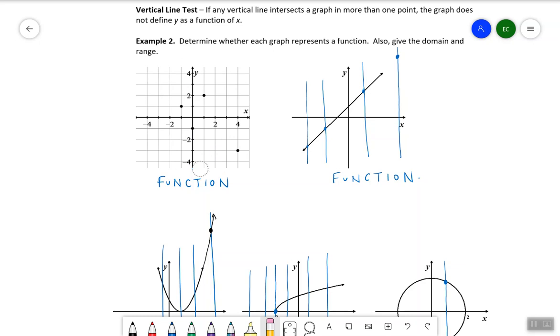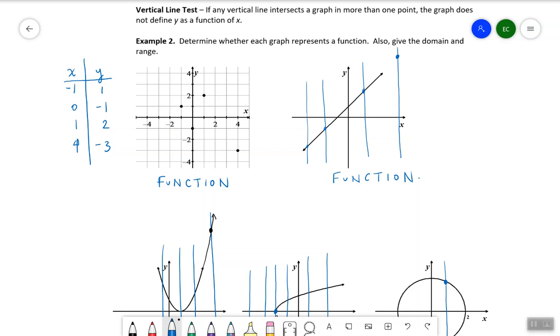And so it might even be worthwhile just to come out to the side and write out the x and y coordinates here in a table, just like we saw them in a table in the previous example, in the previous video. So this first point is at -1, 1. The second point is at 0, -1. We've got a point at 1, 2, and we've got a point at 4, -3.